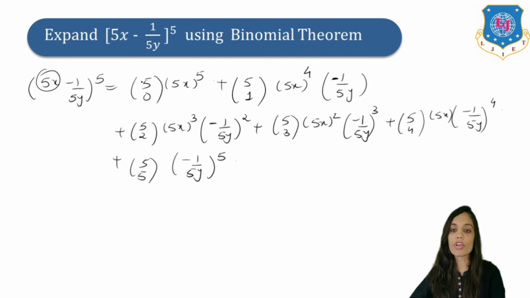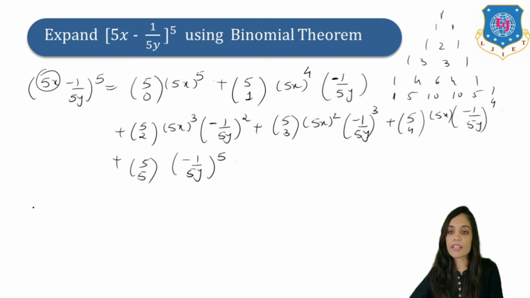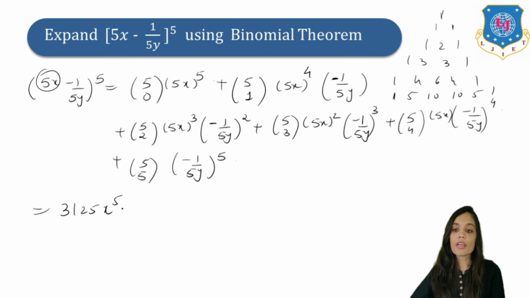Again we will write the values of these nCr using Pascal's triangle. So we know the Pascal triangle already, so we don't need to use the formula every time. It will be 1, 5, 10, 10, 5, 1. So let us write the answers. 5C0 will be 1, and 5^5 will be 3125. 5C1 will be 5 into 5^4, which is 625, x^4 into minus 1 upon 5y.